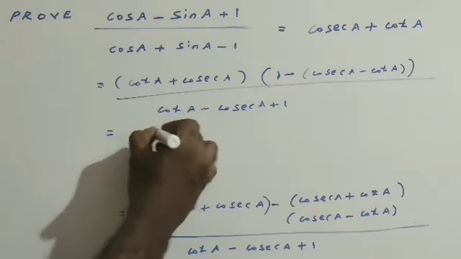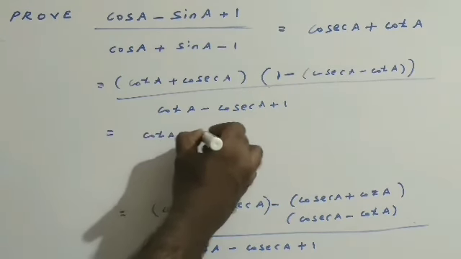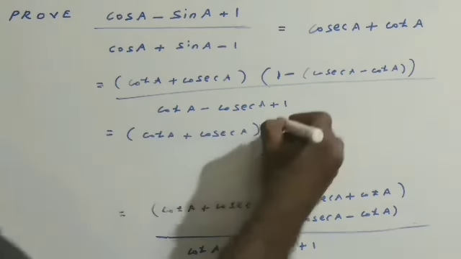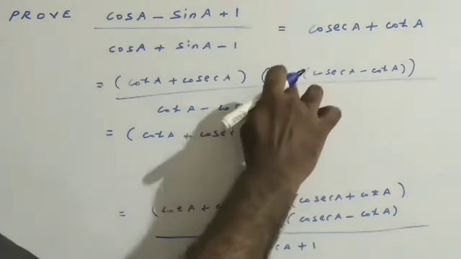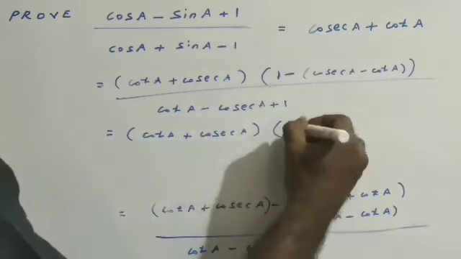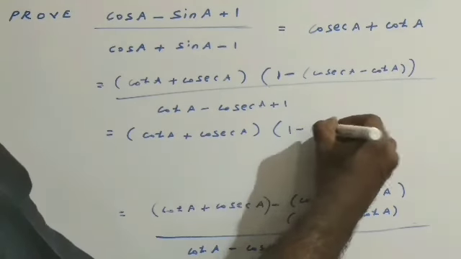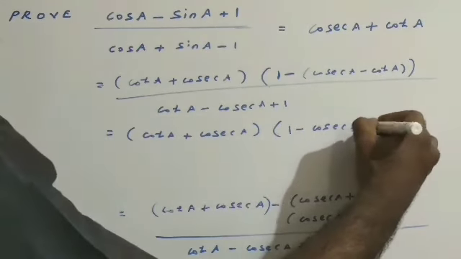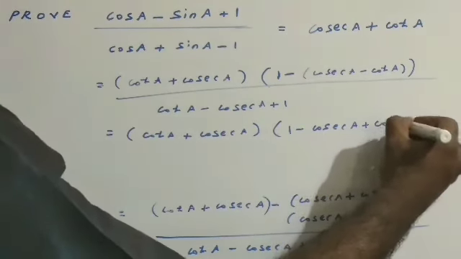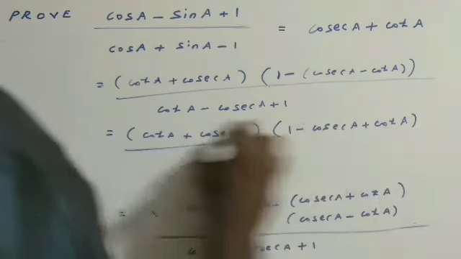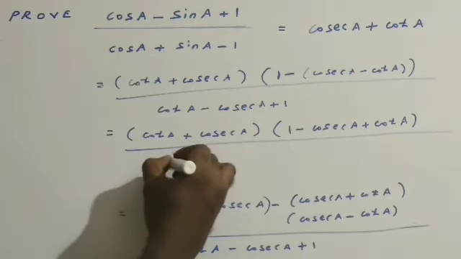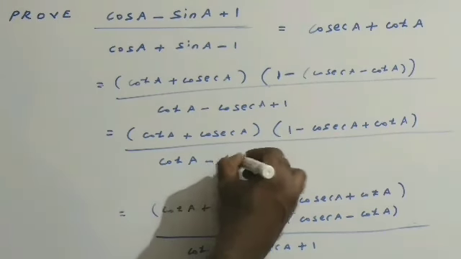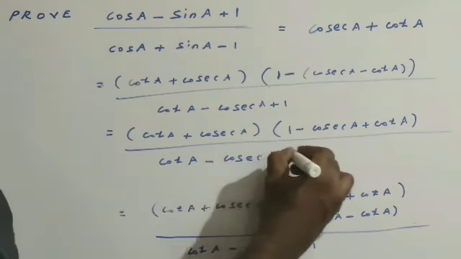Now write cot A plus cosecant A like in the previous step. Now multiply with the minus symbol: minus into cosecant A, minus cosecant A, minus into minus plus cot A, divided by cot A minus cosecant A plus 1.